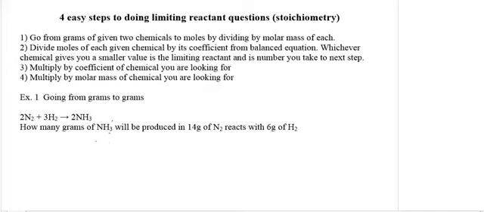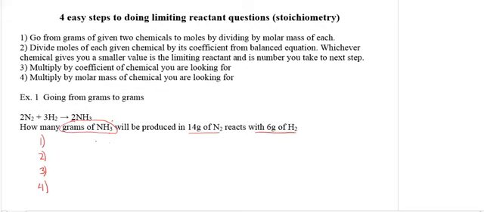So the first question asks for how many grams of ammonia. I'm going to circle what I'm looking for and underline what I'm given, so I don't get lost. And now this is going to be a 4-step question. So step 1, 2, 3, and 4. First step, remember, is go to moles.